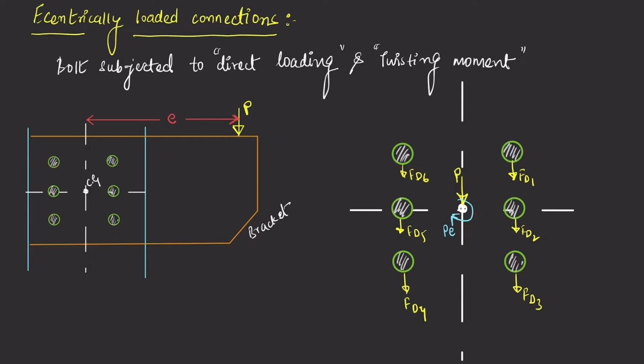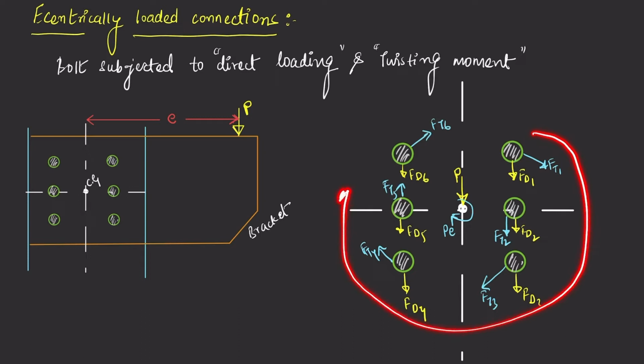In bolt number 1 the direction will be like this, so FT1 because of the torsional moment. Here FT2, here FT3, here FT4, here opposite to this is FT5 and here FT6, and this direction is based on the moment that is acting.